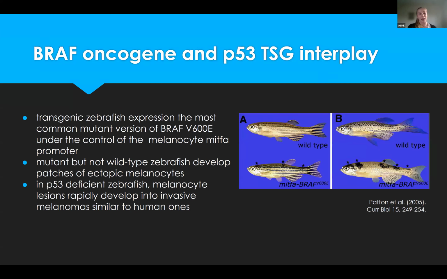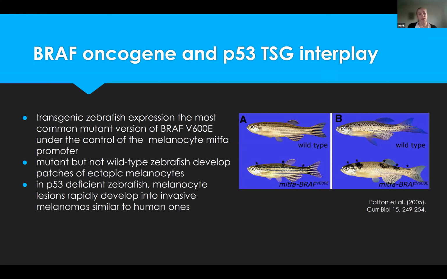And it's about a combination of the BRAF oncogene and the tumor suppressor gene p53. And it was shown, this is from 2005, that this BRAF V600E, which is a mutant version of the BRAF oncogene, can be transfected into zebrafish.